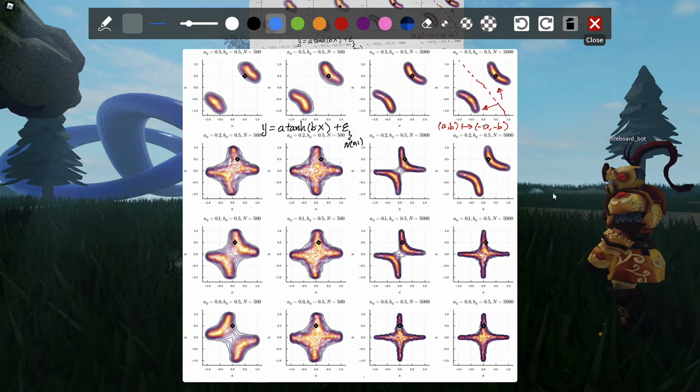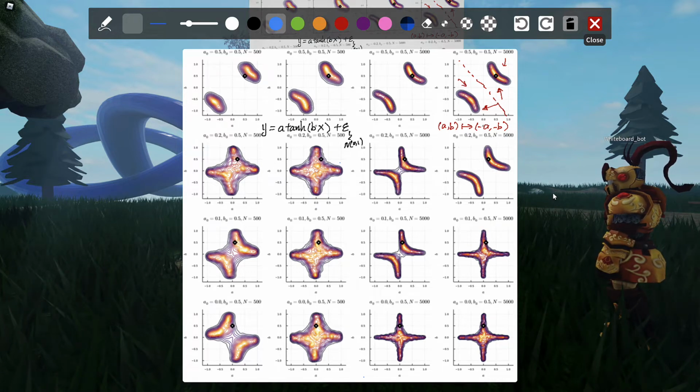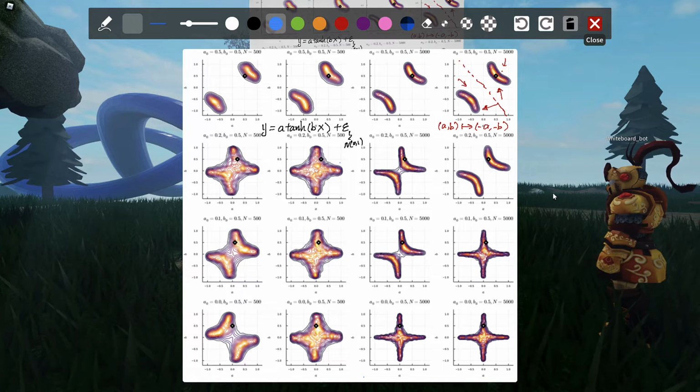So which means that this distribution is definitely not Gaussian, even asymptotically, because it has two modes, right? It has two peaks even asymptotically.